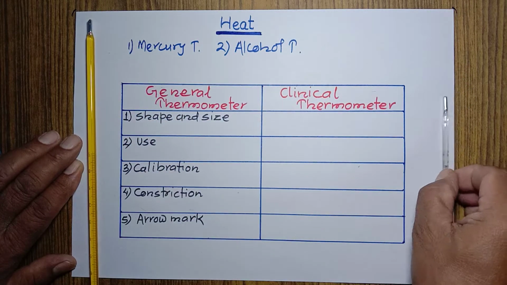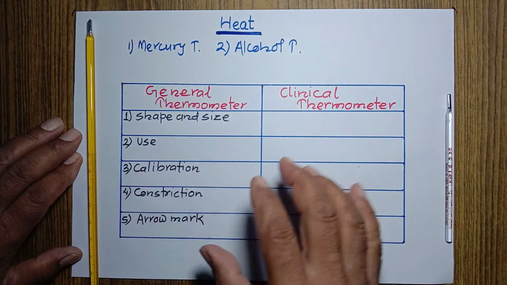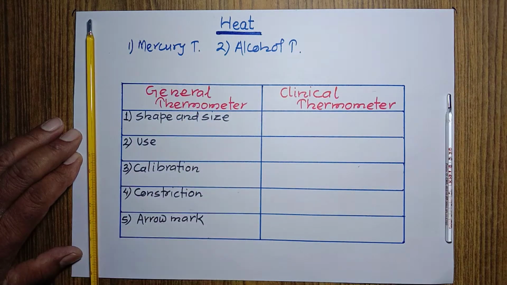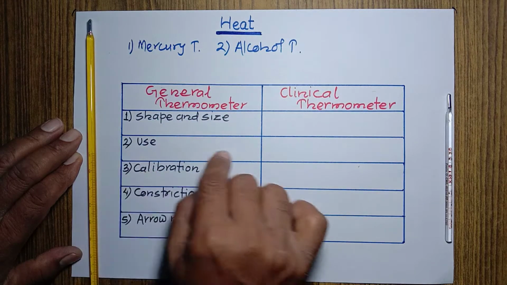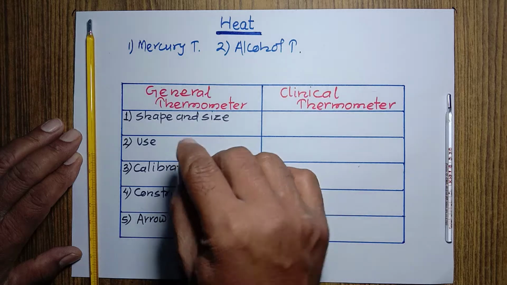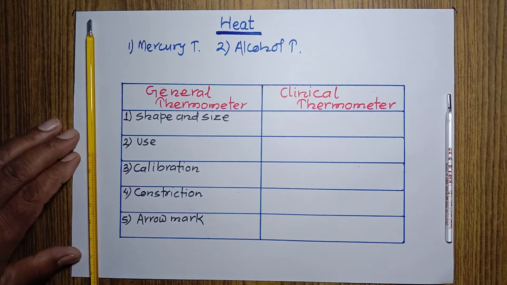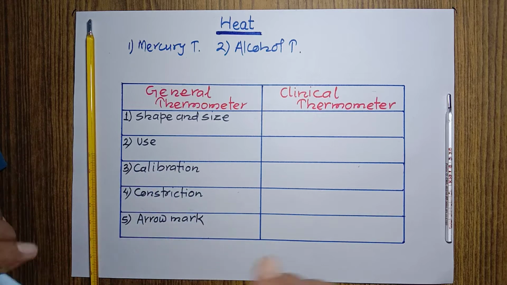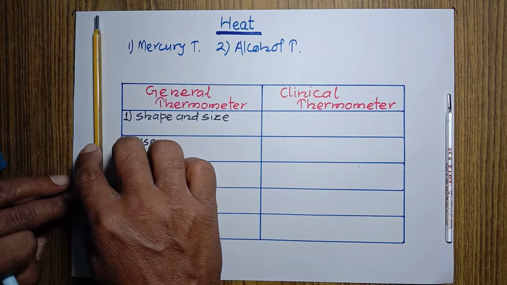Let's talk about them. We can differentiate them in terms of these 5 points. It's very easy to remember. That's why I wrote this shortcut. We are not writing this point in examination, but you can remember it this way. Now, according to shape and size, we can differentiate them. How? Look at this. This is thick and long.